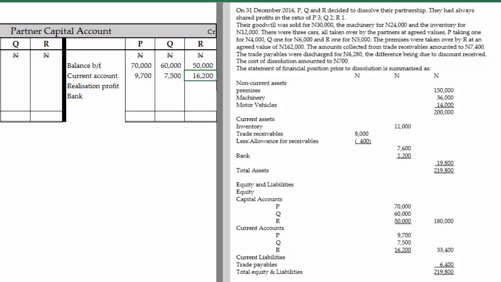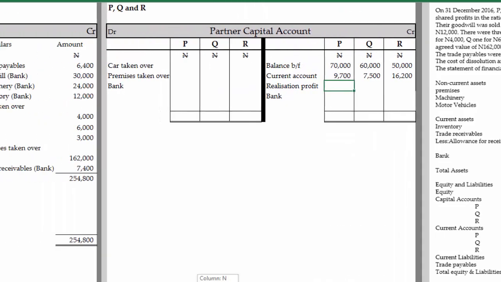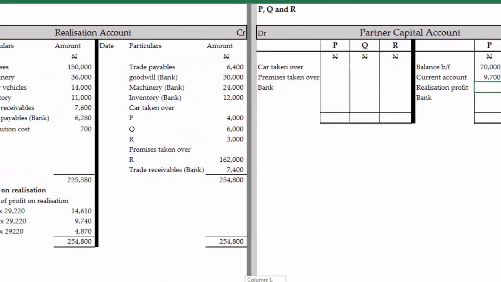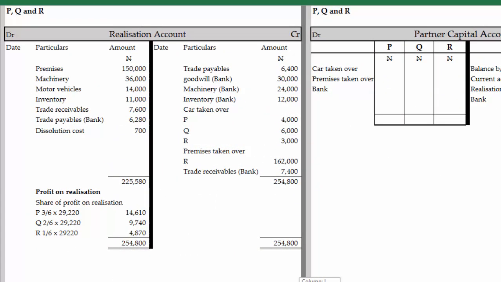The next step is to transfer the profit on realization to the capital account. From the realization account, we determine the share of profit on realization to each of the partners. P got 14,610, Q got 9,740, and R got 4,870.